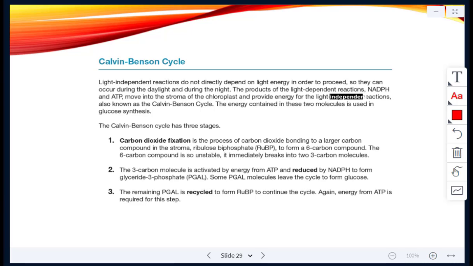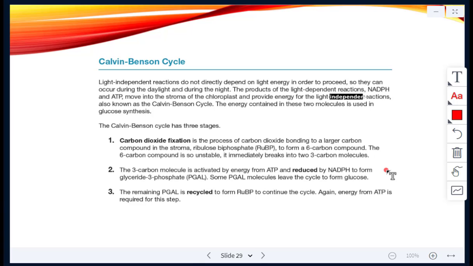So the 3 stages we talked about, first was carbon dioxide fixation. Carbon dioxide bonds to a larger carbon compound in the stroma, that RuBP. It forms a 6-carbon compound, which is very unstable, so it'll immediately break into 2 3-carbon molecules. The 3-carbon molecule then is activated by energy from ATP, and it's reduced by NADPH to form glyceraldehyde 3-phosphate, or PGAL.